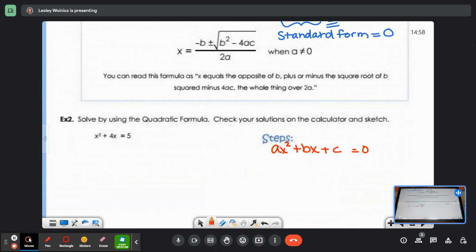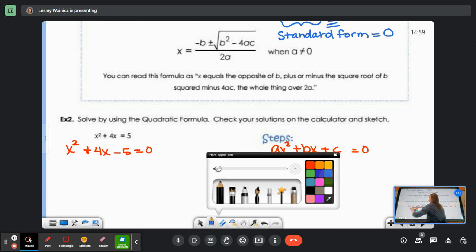It's the same thing, but I want to use the letters. So how do I get rid of this plus 5 on the wrong side? You make it a negative on the other side. Subtract it over. So I'll have x squared plus 4x minus 5 equals 0. Now I have standard form equal to 0.